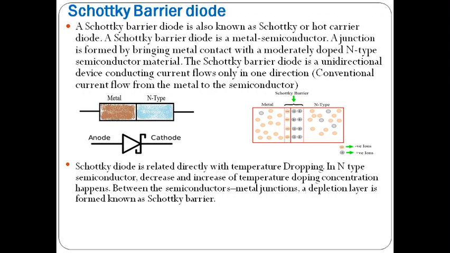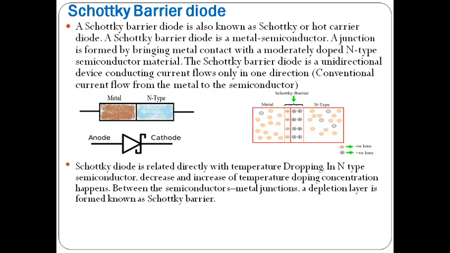The large number of electrons in the n-type material move into the metal. Then what happens? Here we have positive ions in the entire material, and the electrons that enter from the n-type material to the metal are accumulated near the junction, and the immobile positive charge carriers present near the junction form the barrier.